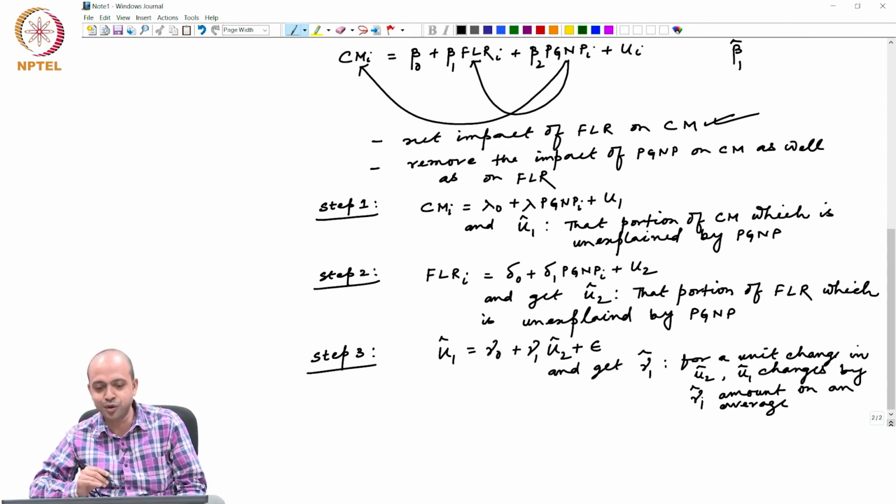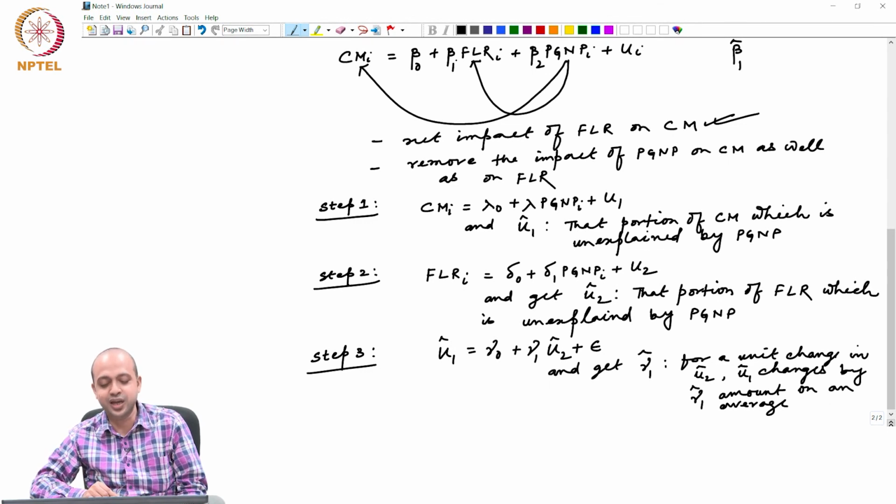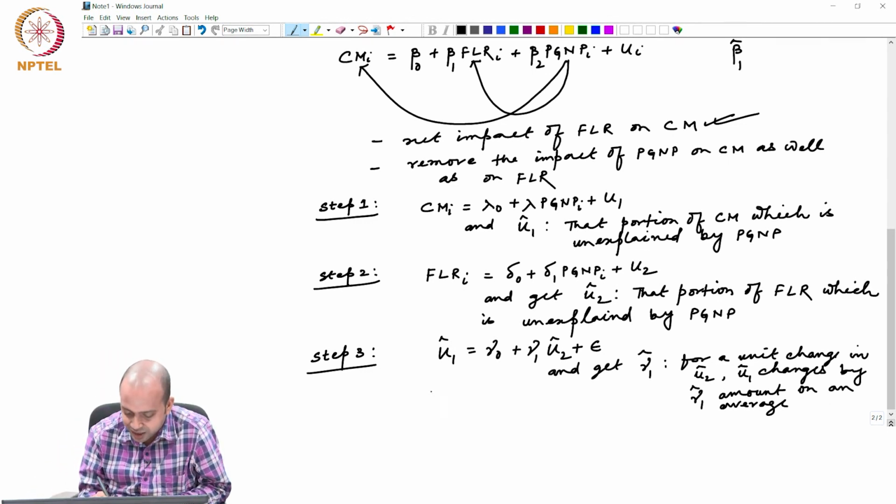That is nothing but gamma 1 hat, and that is nothing but our beta 1 hat. So, we can say that actually beta 1 hat equals gamma 1 hat.